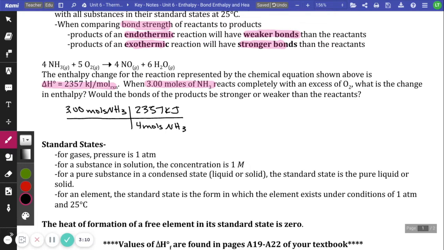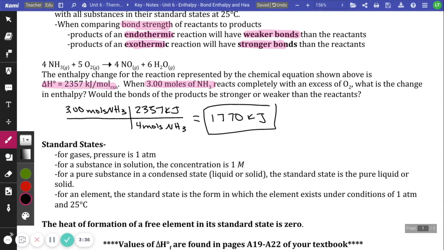And we'll just solve that. Since that's what we want, so energy. So let's go ahead and plug it into your calculator. So 3 times 2,357 divided by 4. Should have 3 sig figs, so you should get 1,770 kilojoules.